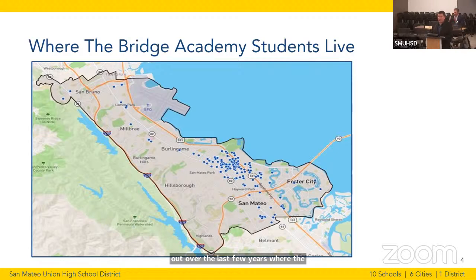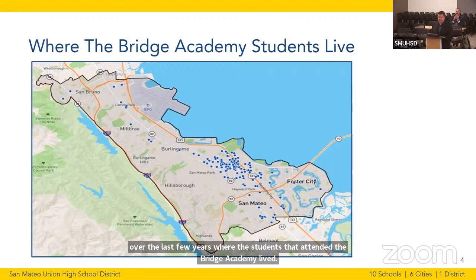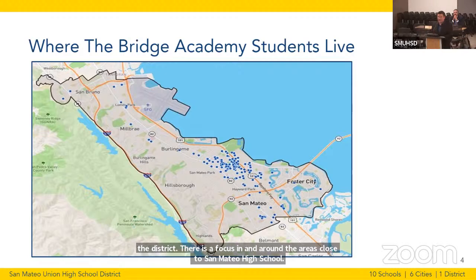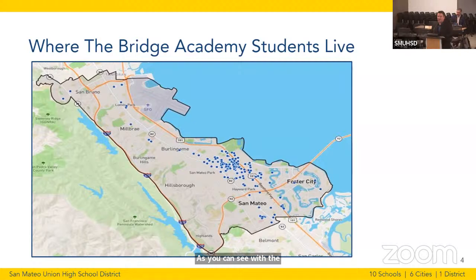And while there were Bridge Academy students who lived throughout the district, there is a focus in and around the areas close to San Mateo High School, as you can see with the group of dots in the middle area, primarily west of the 101, but also a little bit east of the 101 there.